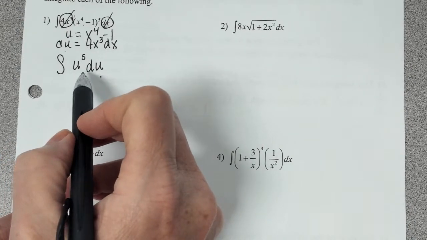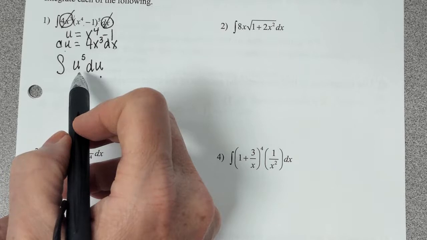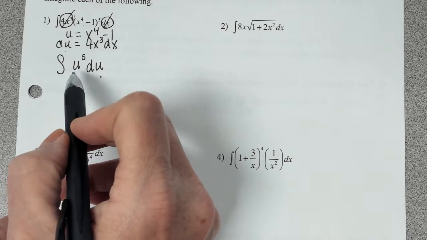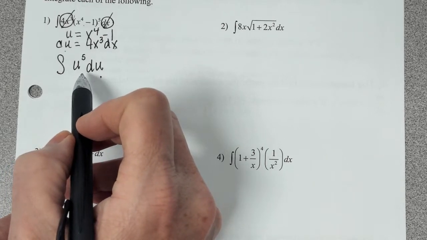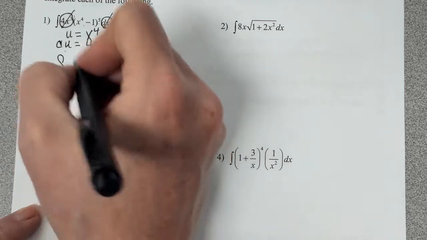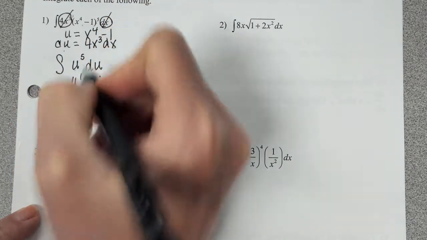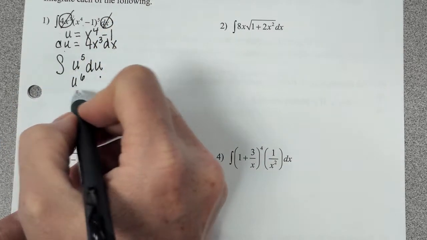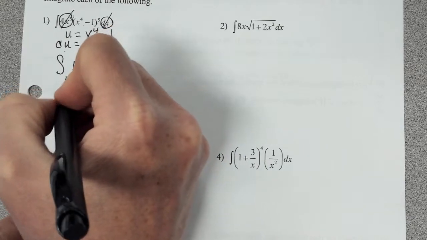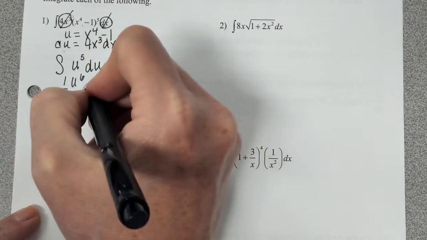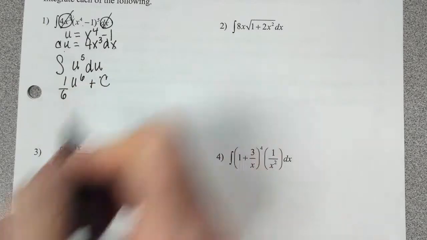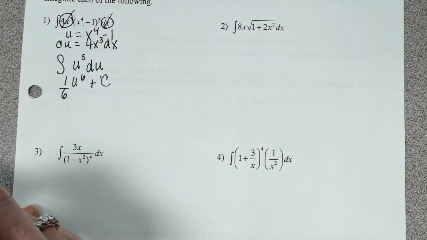So you should remember how to integrate this. What's the integral going to be, Anna? Okay, so that's u to the 6th. Divide by 6, or I can even put 1/6, right? I prefer to put the 1/6, plus c. And so that's going to be our integral.